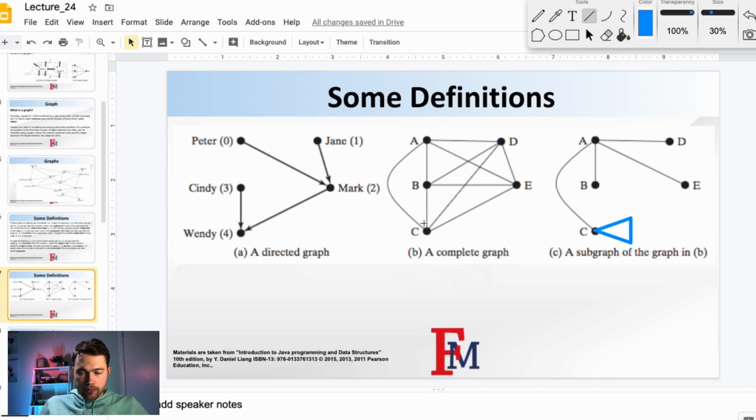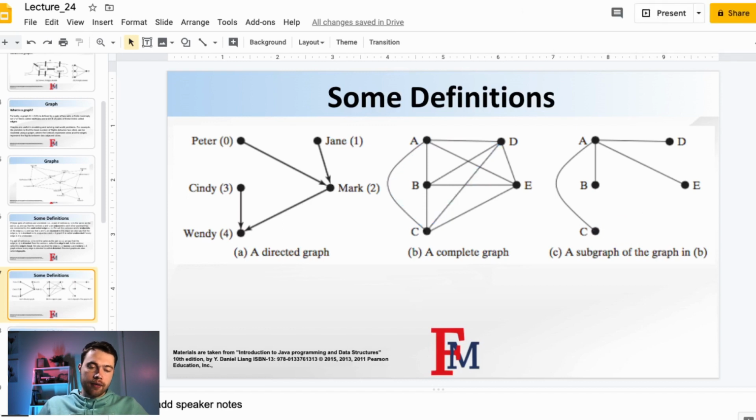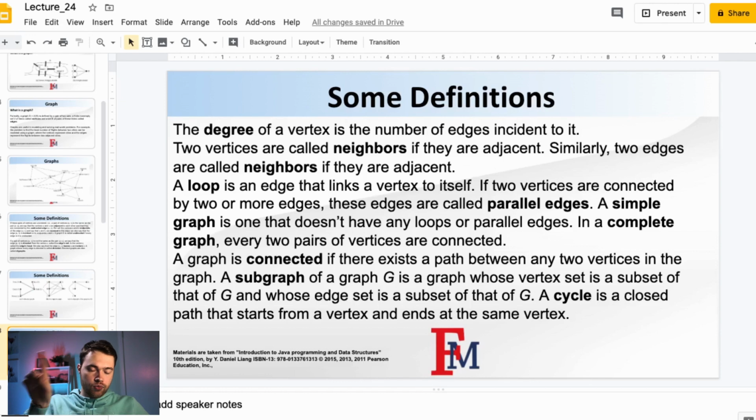For example, a cycle would be CD, DA, and AC. So that's 3 edges which create a cycle. So that's a loop, and that's a cycle. A loop is kind of a cycle which has only one edge.